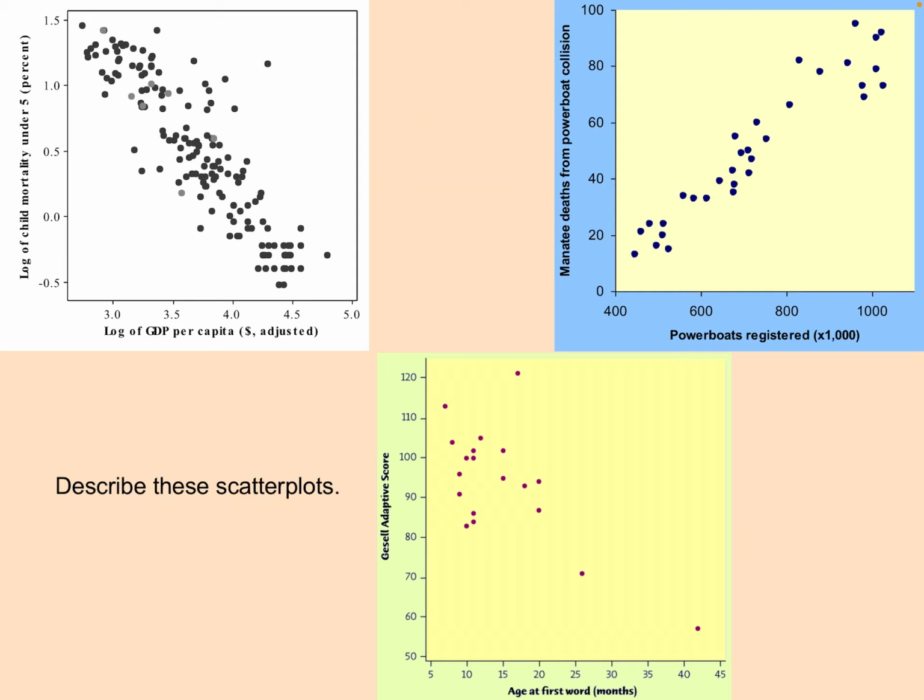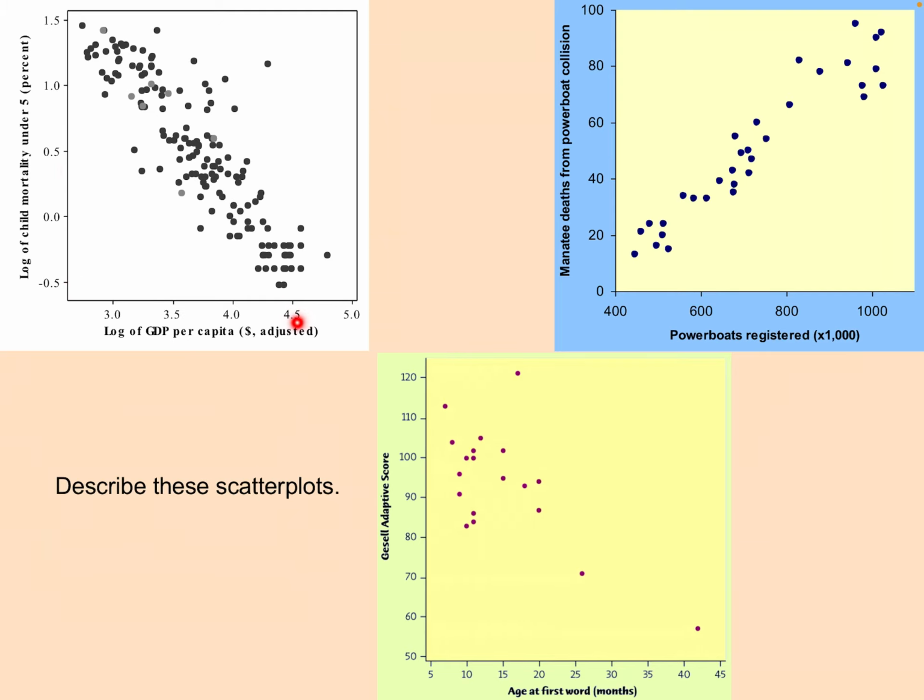All right, let's describe these different scatter plots. So top left, we're looking at the logarithm of gross domestic product per capita. And here we're looking at the log of child mortality under 5. So first of all, we have a fairly strong relationship. It's negative because as GDP increases, we have lower child mortality rates.